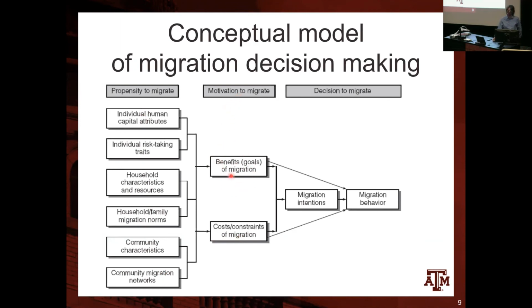And just how strong the benefits are in comparison to the costs will make us more likely to want to migrate, and then finally migrate from one area to the other. So the propensity influences the motivation that motivates the final decision to migrate, right?